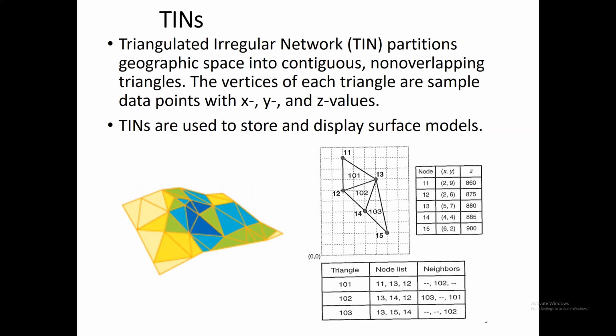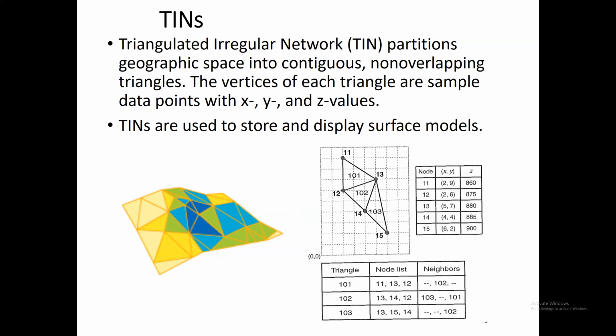Another vector way of displaying information is to use something called a triangular irregular network, or a TIN. This partitions geographic space into a series of non-overlapping triangles. Oftentimes, if we're using LiDAR data or three-dimensional point clouds, we want to represent a surface.